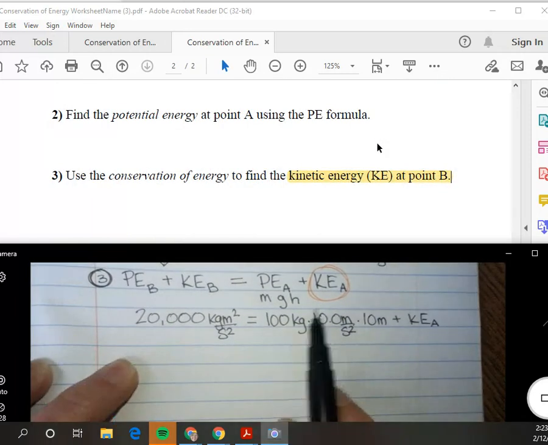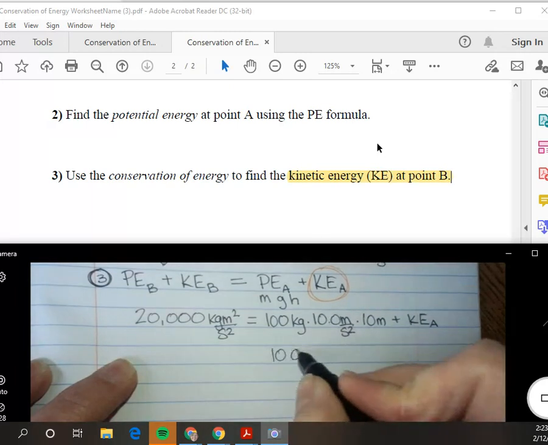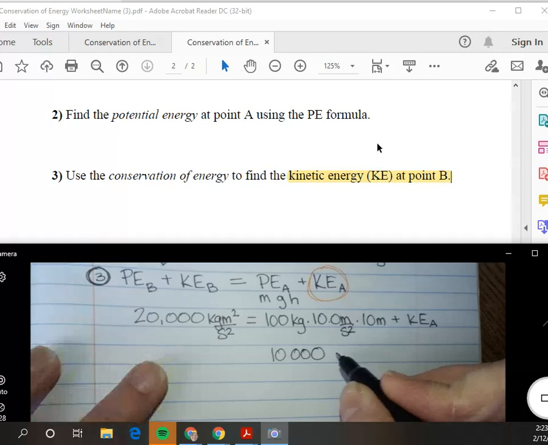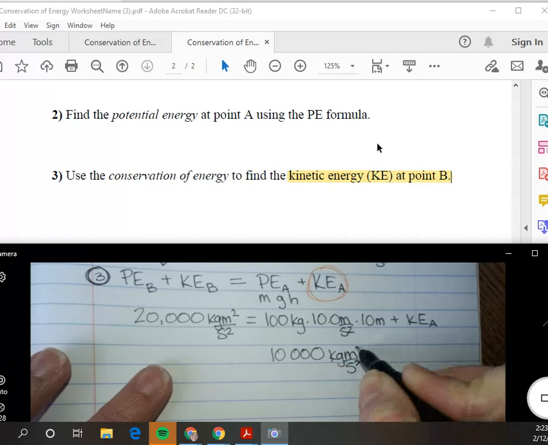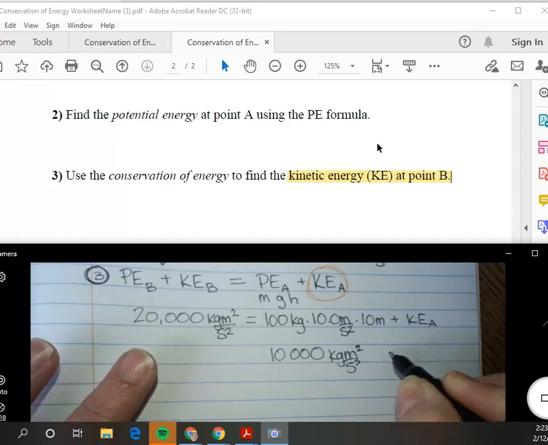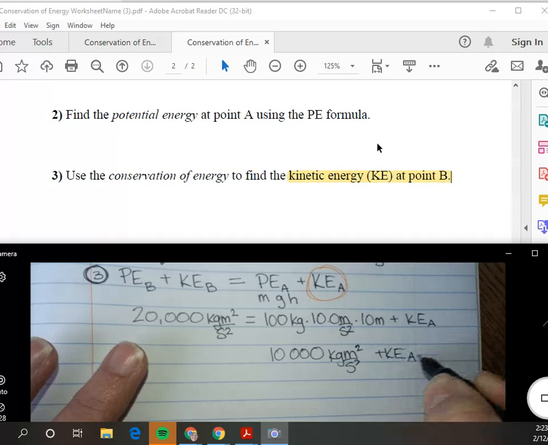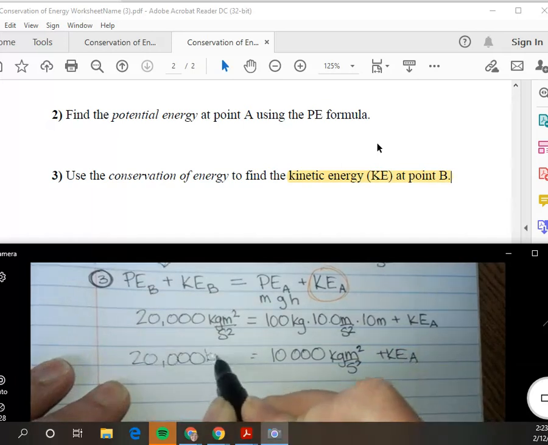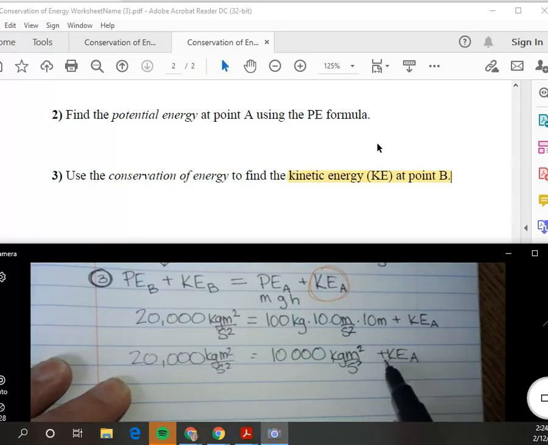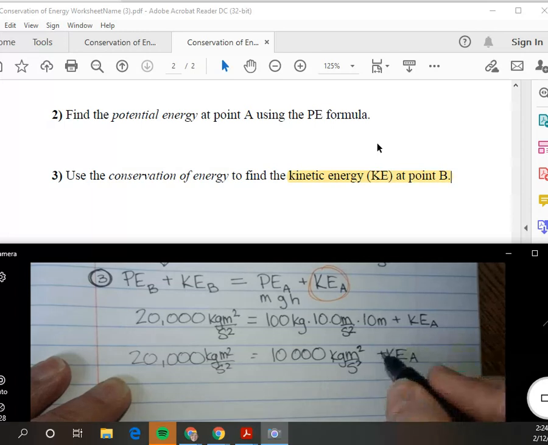So 100 times 10 is 1,000, times 10 is 10,000. Okay, so all right, so we're adding here in this formula. If we have to do the opposite math to get rid of it, what do I need to do?